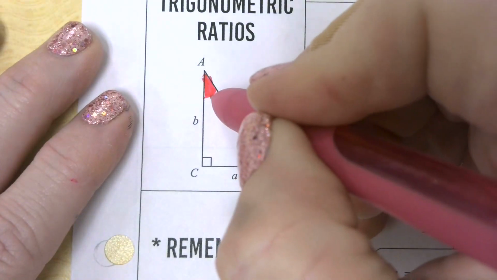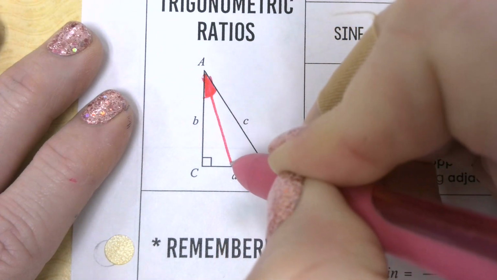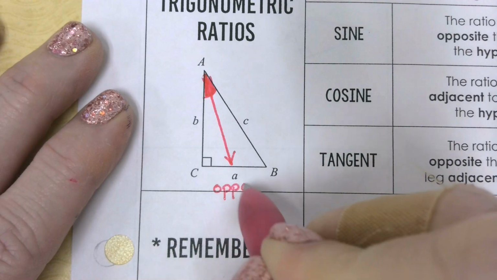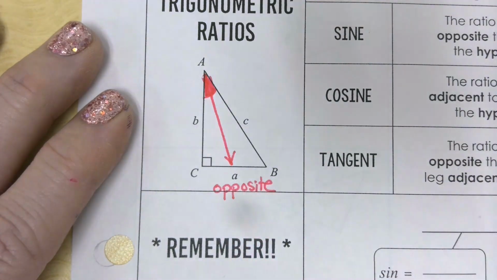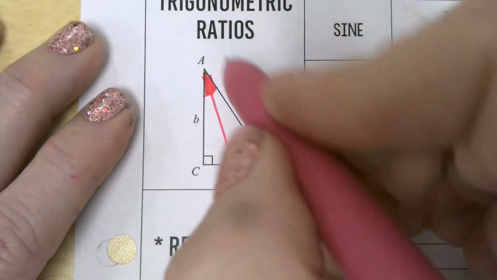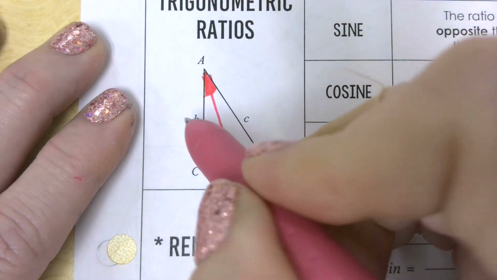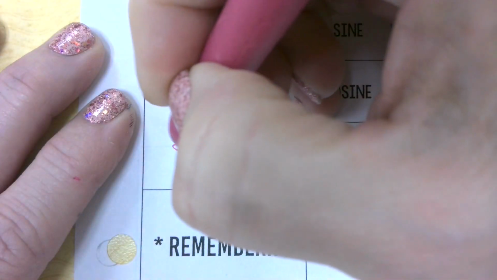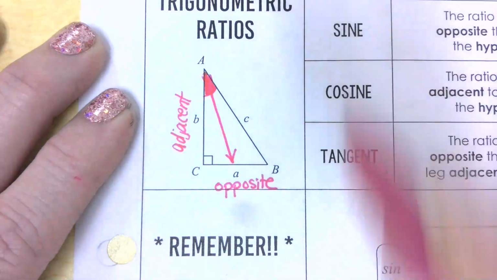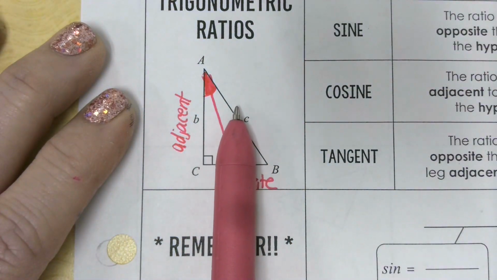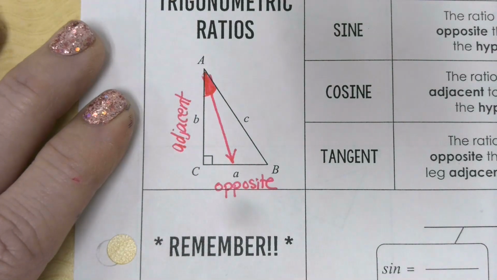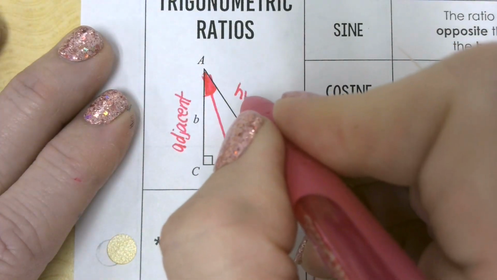From the angle, you can draw a line to the side that's opposite. You will be next to the side that is adjacent. You're like, well, Miss Ernsberger, what about this side over here? Well, that's the hypotenuse, and you should automatically know which one is the hypotenuse.